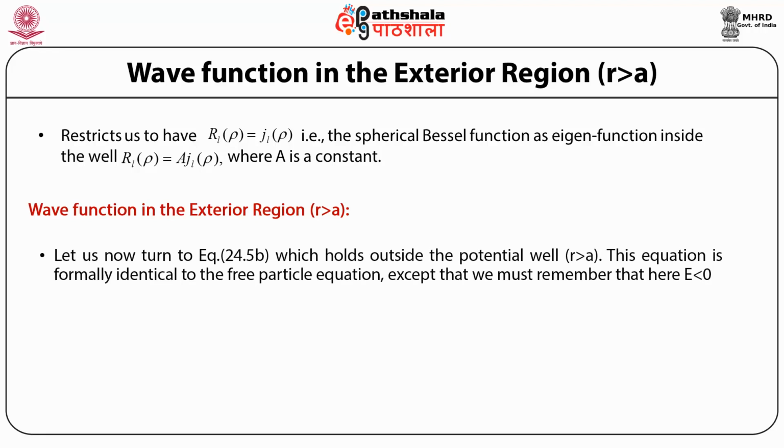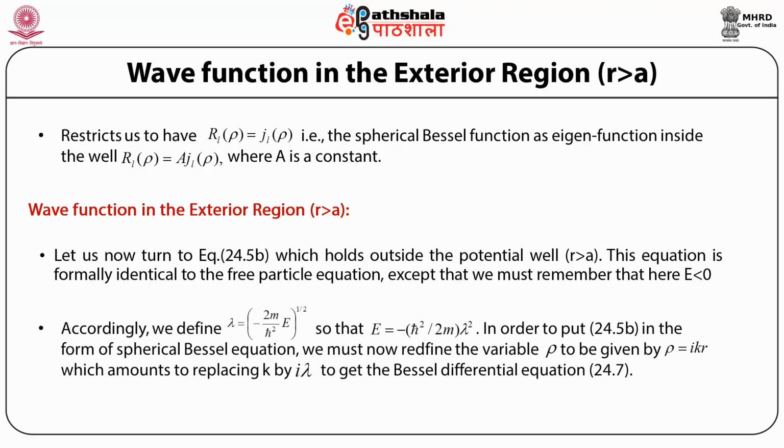Let us now turn to equation 24.5b, which holds outside the potential well, r greater than a. This equation is formally identical to the free particle equation, except that we must remember that here E is less than 0. Accordingly, we define lambda equals (minus 2mE by h bar squared) to the power half, so that E equals minus h bar squared by 2m into lambda squared.